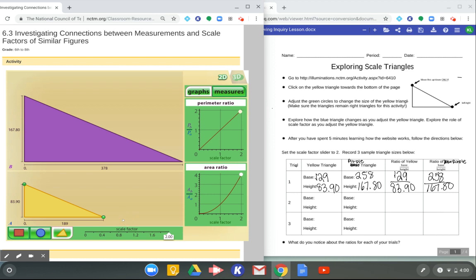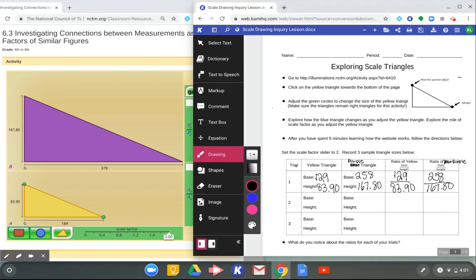So now let's just randomly move this triangle again. I'll move it like this. I just moved the base now. So now the base of the yellow triangle changed to 189, and the height stayed 83.90. And if we look at the purple triangle now, our base changed to 378, and our height is 167.8.